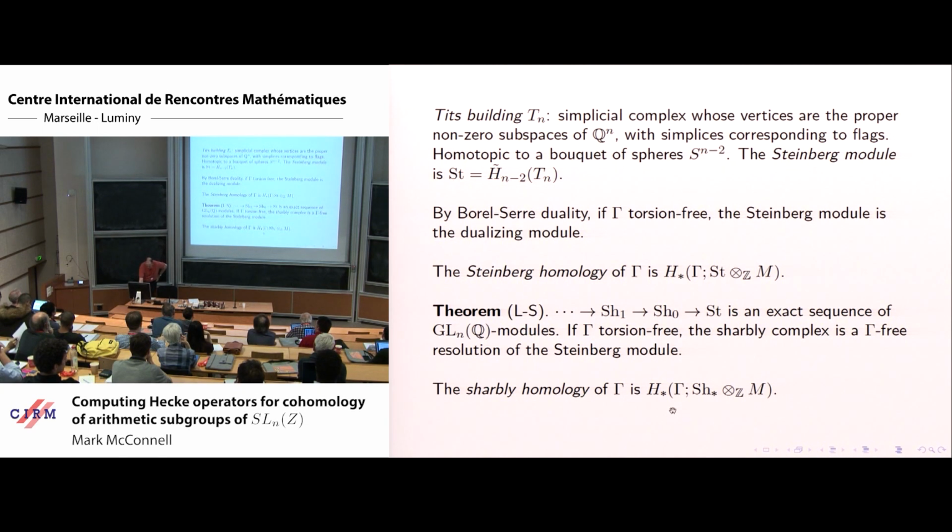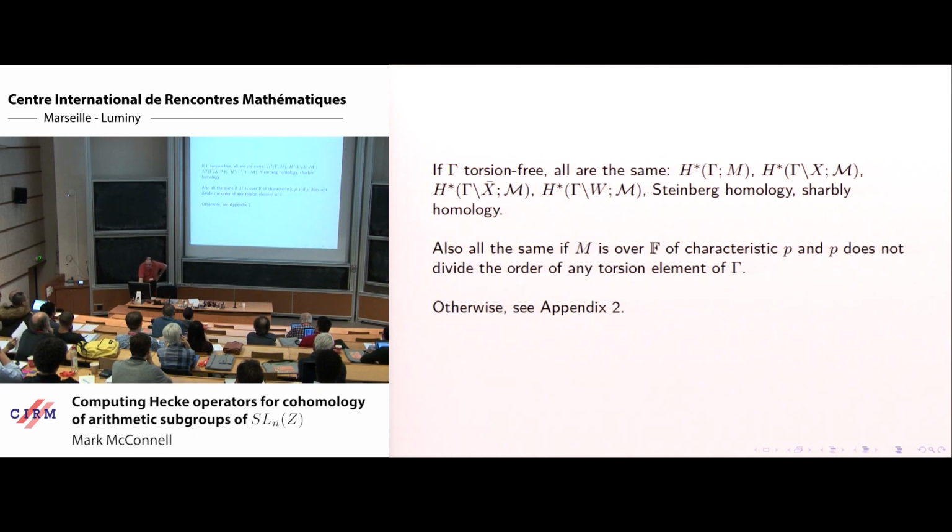Okay, so at this point, we've got lots of homology theories flying around. And yes, the good news is if gamma is torsion-free, they're all the same. So the group cohomology, the cohomology of your manifold, the locally symmetric space X mod gamma with coefficients in the local system coming from M, they're all the same. If you go to the Borel-Serre compactification, it's the same. If you do the well-rounded retraction back to W, the cohomology is the same.